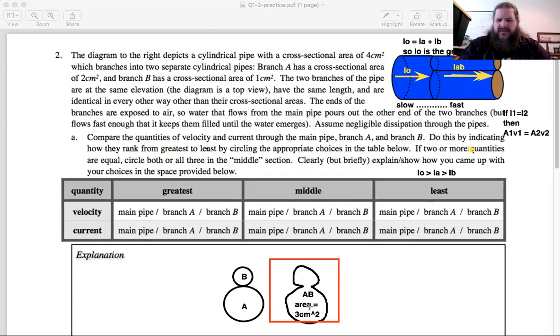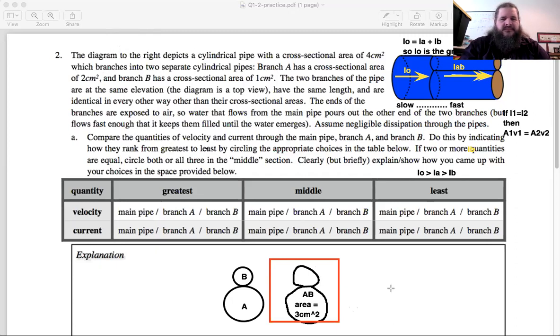But we should probably assume that every molecule in this pipe is traveling at the same speed. If you put that wall back in, that doesn't change the fact that these molecules are traveling at the same speed as these molecules. I would still expect them to all be traveling at the same speed as each other.